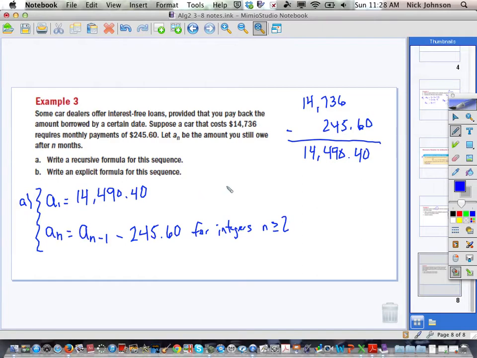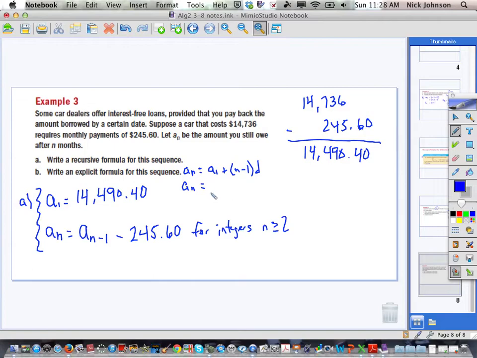For my explicit formula, remember that? Remember explicit formula. A sub N is equal to our first term plus N minus 1 times D. So my explicit formula for this is A sub N is equal to my first term, which is, what is my first term?